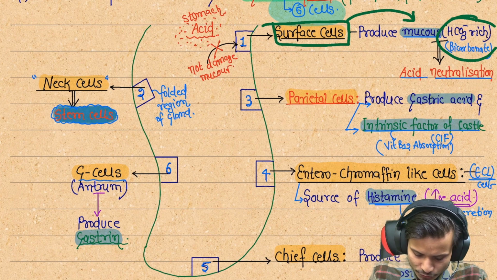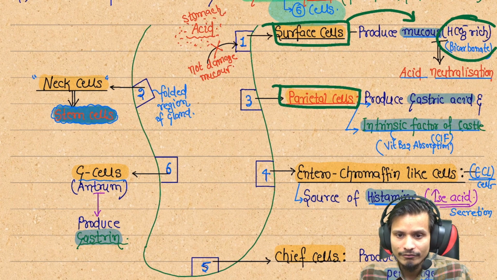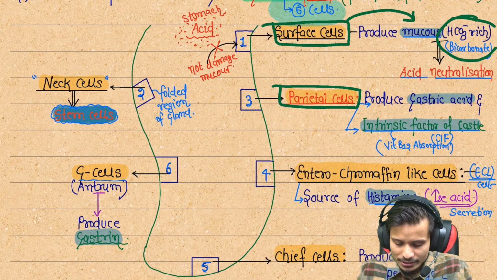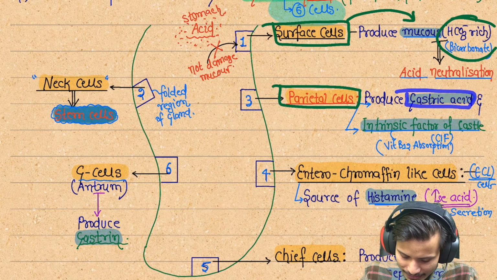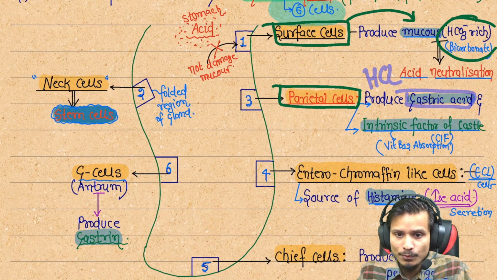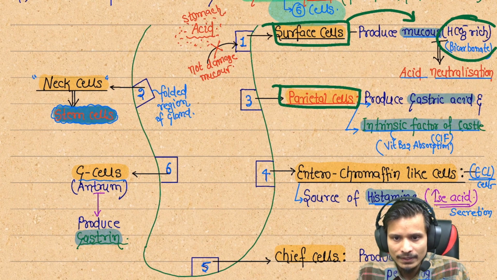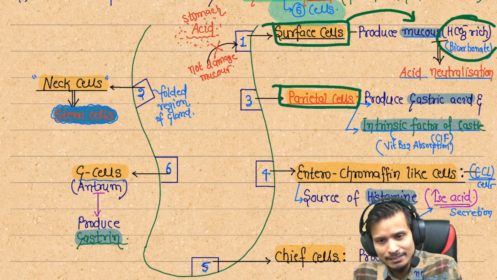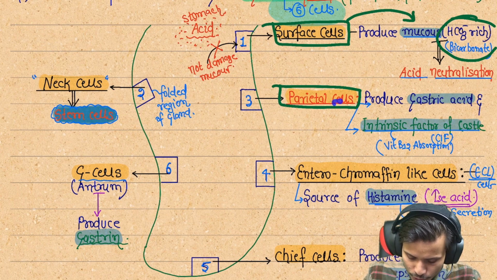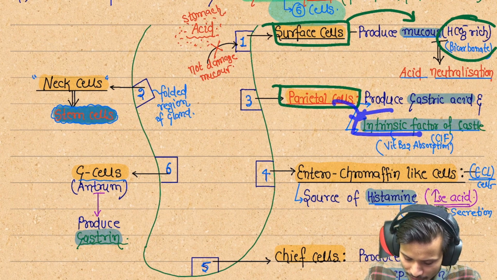Simple. Next we can see the parietal cells. What is the main role of the parietal cell? The parietal cells produce gastric acid, meaning HCl. The HCl is produced by the parietal cells, and they also produce one more thing, the Castle intrinsic factor.